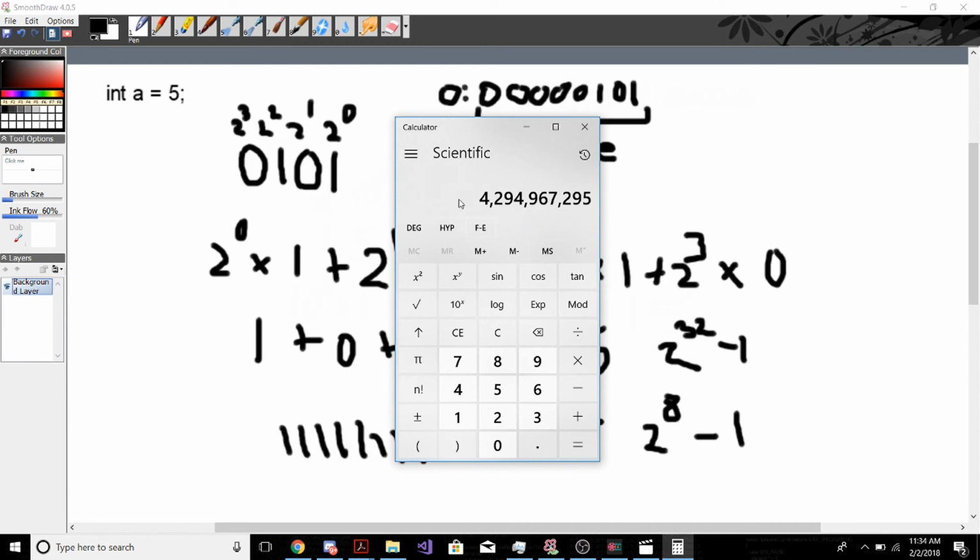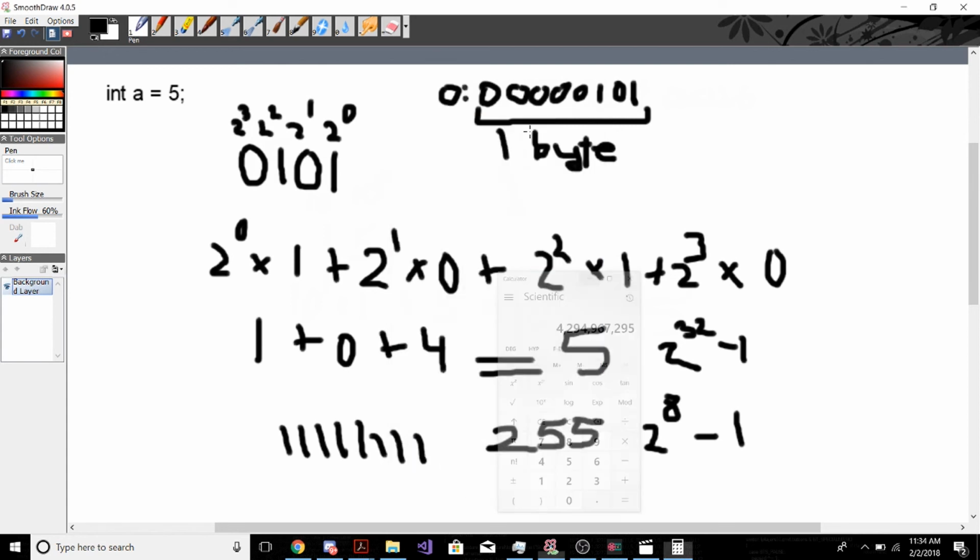You can represent up to 4,294,967,295. That's the maximum number an integer can represent. Again, we say 32 here because we want to see how much a 32-bit number can represent, and 32 bits is 4 bytes, and 4 bytes makes up an integer.